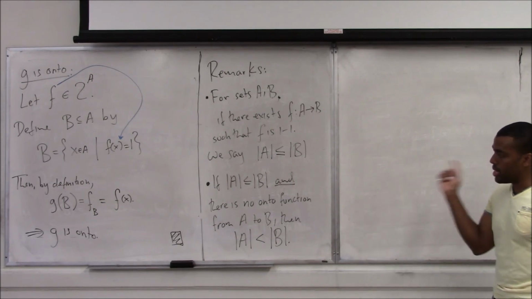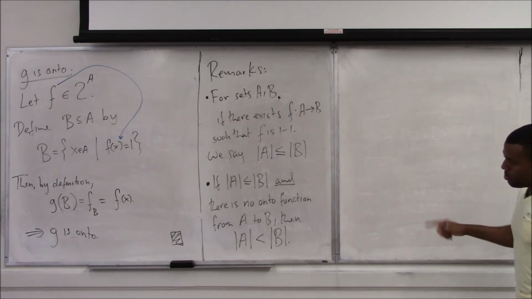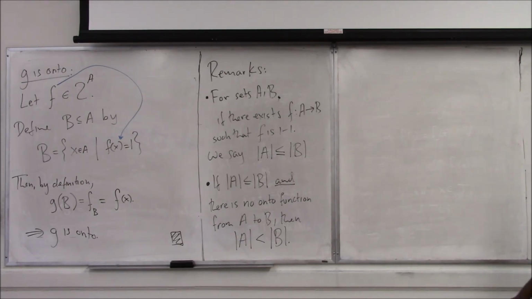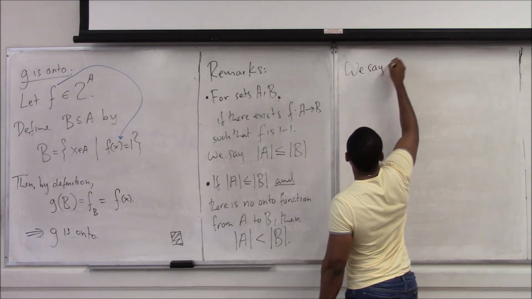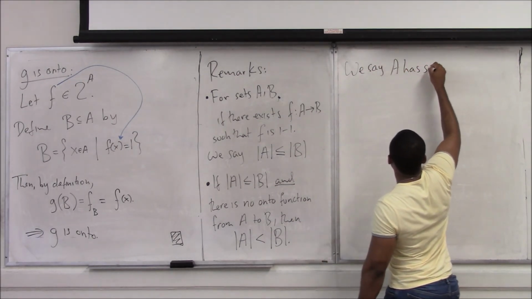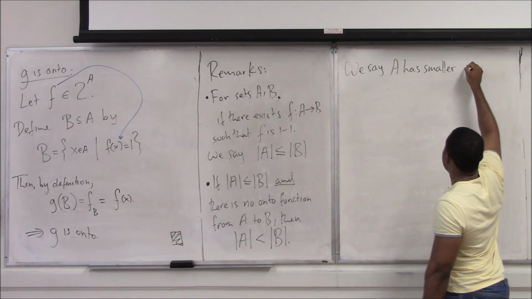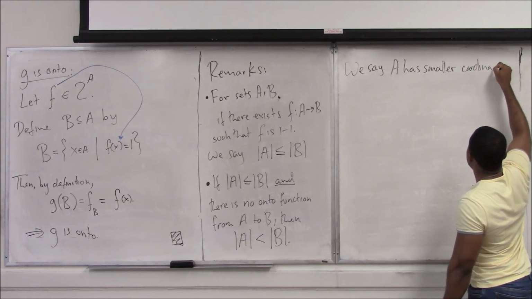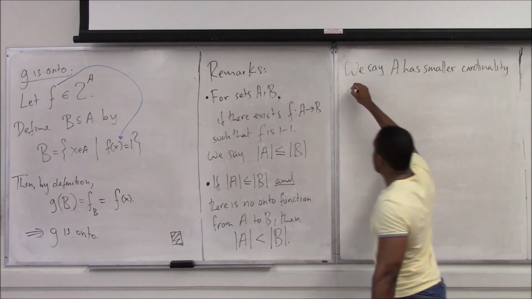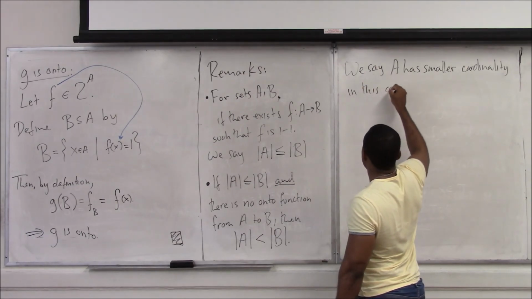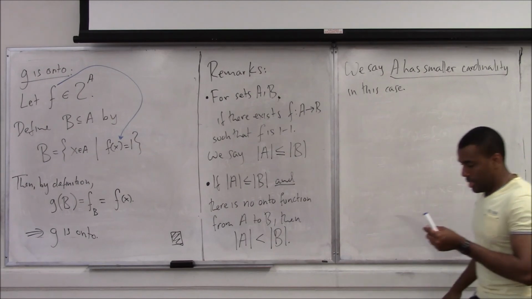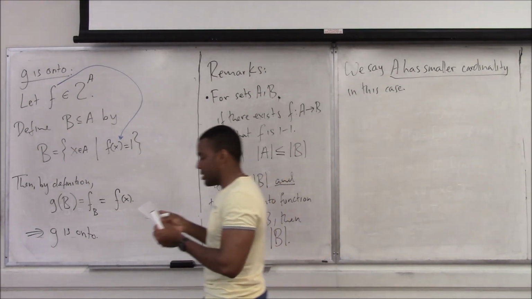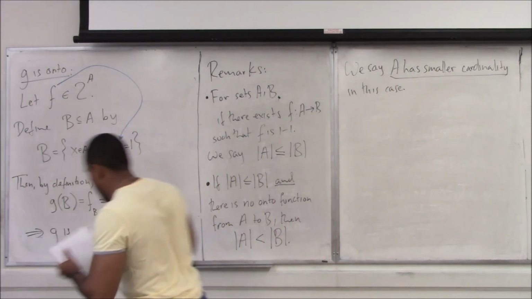I can connect everyone in A to people in B, but B will have things left over after making this connection. We say A has smaller cardinality in this case. That's defining when one cardinality is smaller than another.